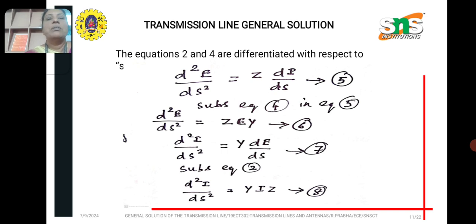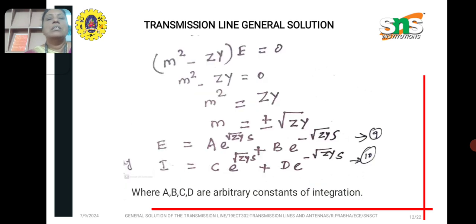We know dI by ds is E Y and it is substituted, and similarly d squared I by ds squared is Y into I Z. Now this differential equation is solved, that is d squared E by ds squared is taken as m squared minus ZY into E equals 0. By solving this second order differential equation, we get the answer as m equals plus or minus root of ZY.